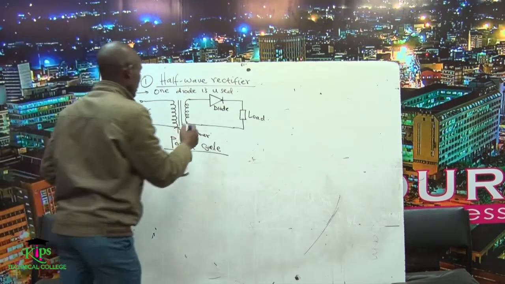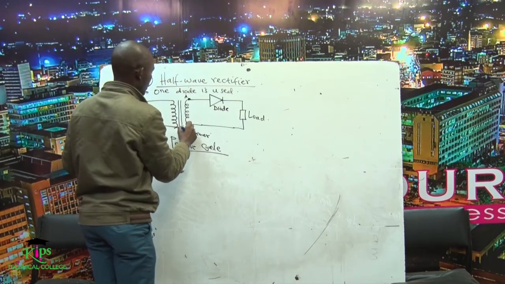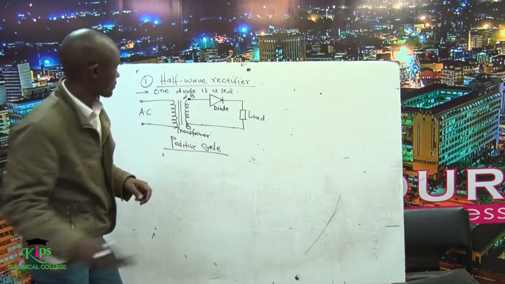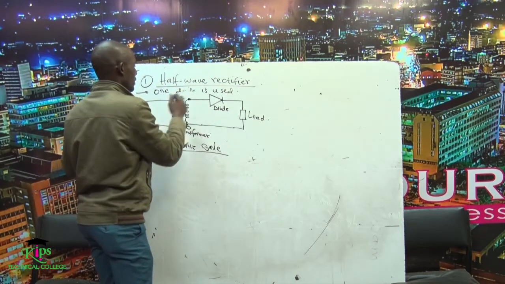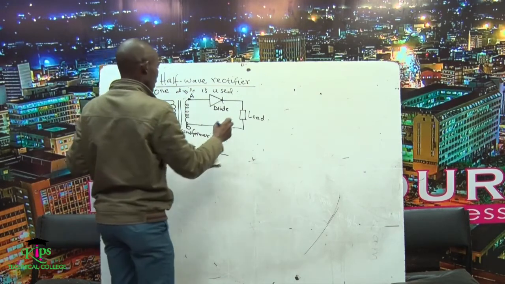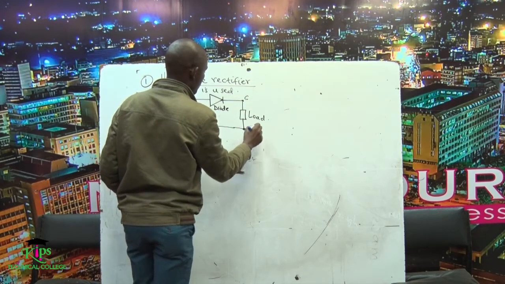So let us say this is our point A, and this is our point B. Let us say this is our point C, and this is our point D.